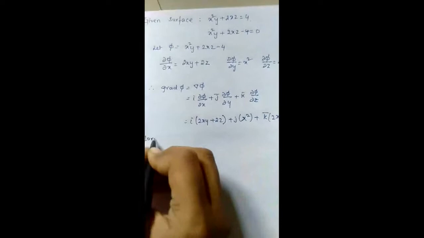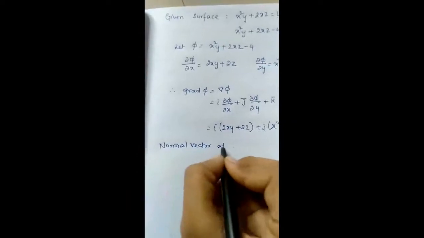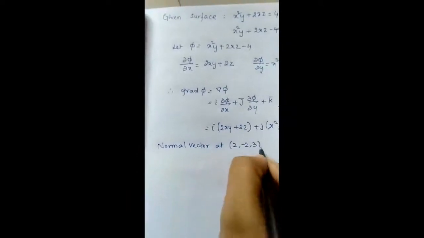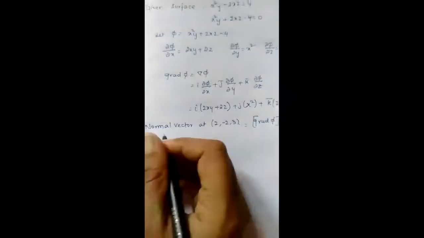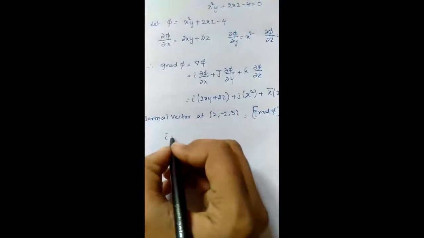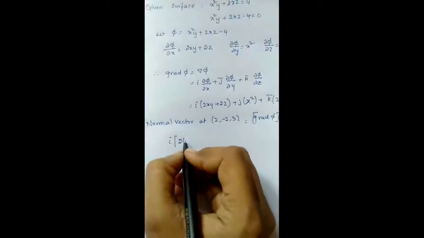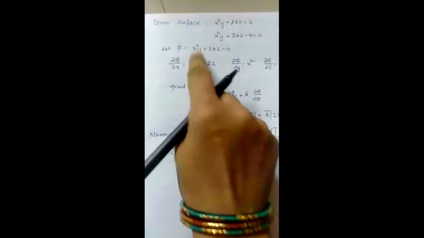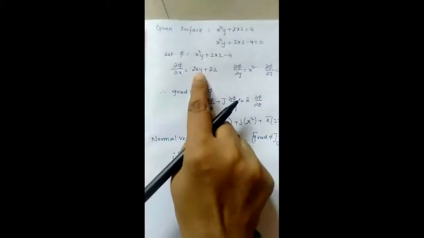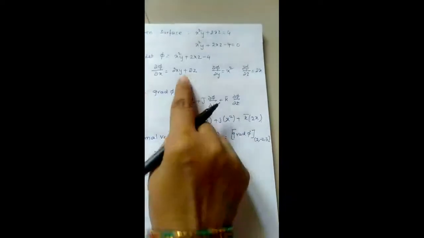So the normal vector at 2, minus 2, 3 is grad phi at the point 2, minus 2, 3, where we have to substitute. The x value is 2, y is minus 2.